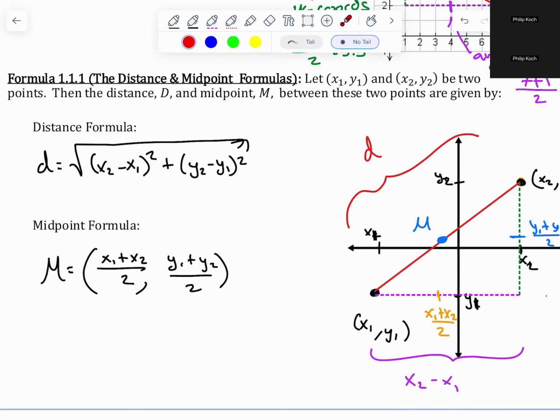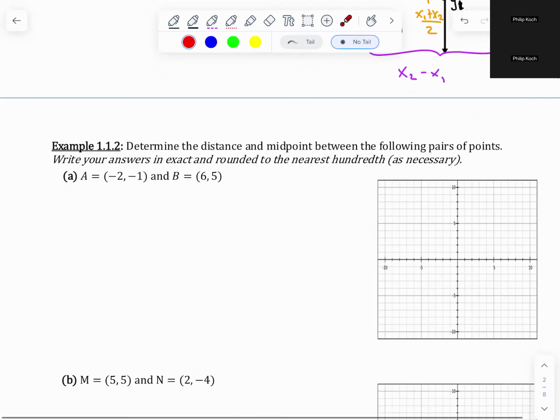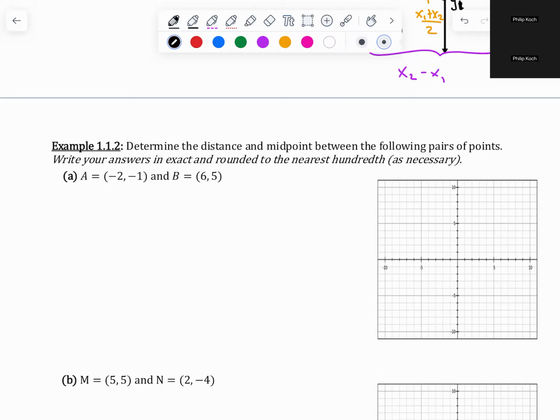Any questions on those formulas? If not, we can now plot them and find the different distances. I want you to write the answers as, I don't think we've talked about it yet, the difference between exact and approximate. Exact answers are without any decimal expansions, or a finite decimal. For example, 0.5 is an acceptable exact form because it's a finite decimal.